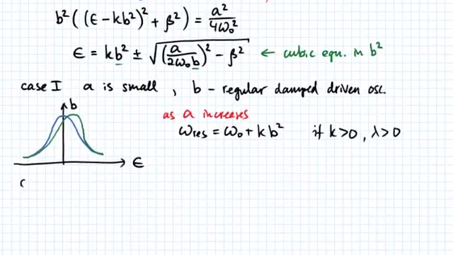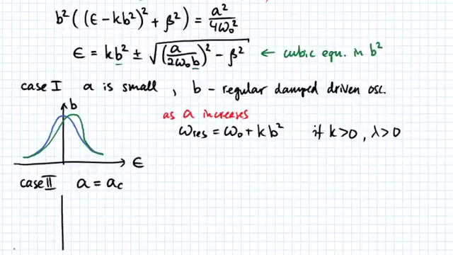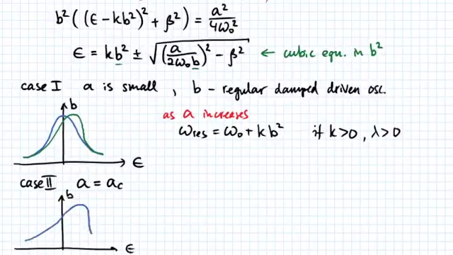Second case that we can consider will be an intermediate case, when A is equal to some critical value, A sub c, such that the resonant curve of B versus epsilon will have an infinite derivative at some detuning epsilon, meaning that the derivative dB with respect to d epsilon will be infinite.